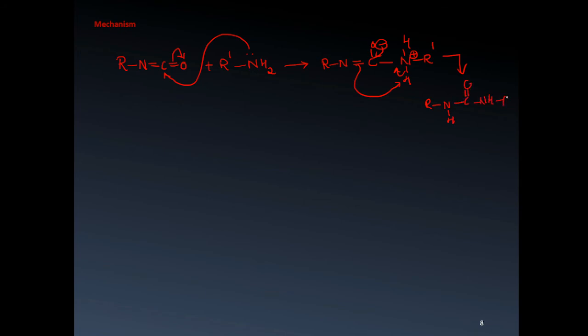Here the lone pair of nitrogen will come and attach to this carbonyl group, and formation of O minus, RN=C, this O minus, and here NH R dash carries positive charge. This O minus will come back and abstract this proton, neutralizing the positive charge on nitrogen. So formation of RNH C(=O) NH R dash.